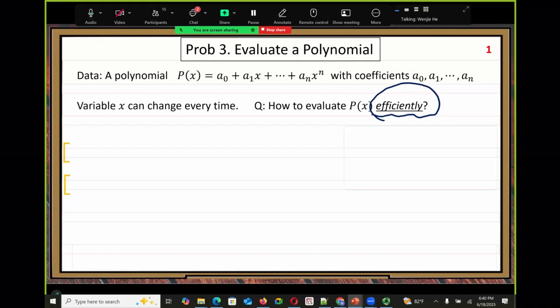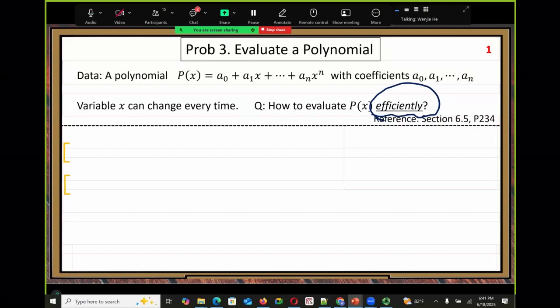You use a for loop, multiplication, addition, so you can find the correct value of this polynomial easily. But the question is, your algorithm may not be very efficient. So we want to find an efficient algorithm.